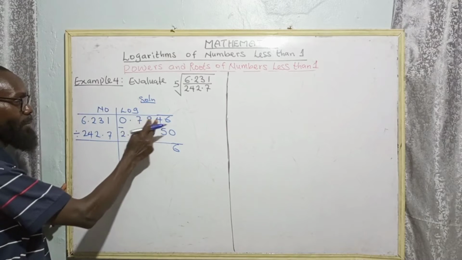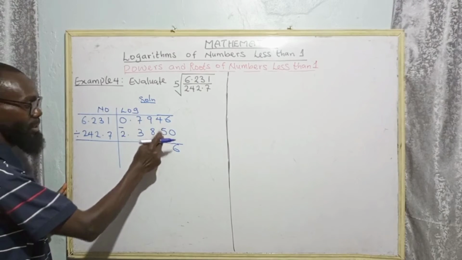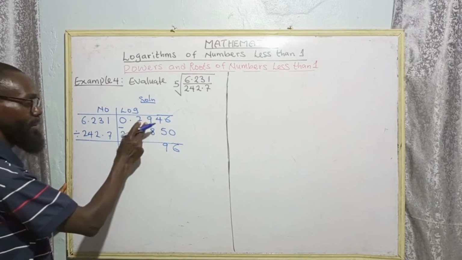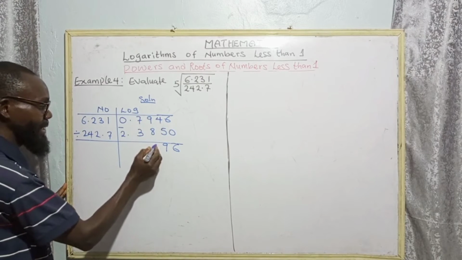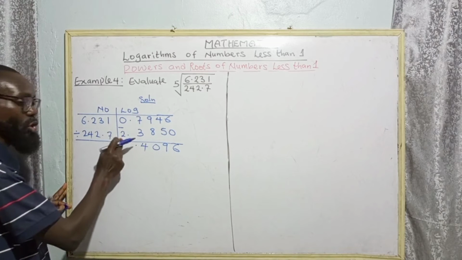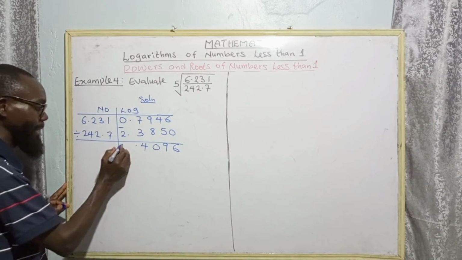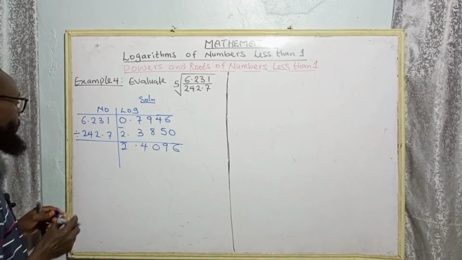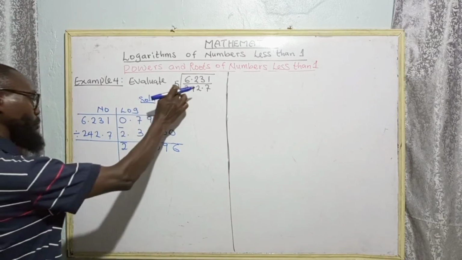You put one from here, put it here, making 14. 14 minus 5, I have 9. This remains 8. 8 minus 8, 0. 7 minus 3, 4. Then 0 minus 2. I'm going to have minus 2.